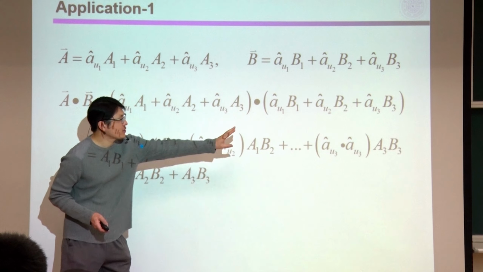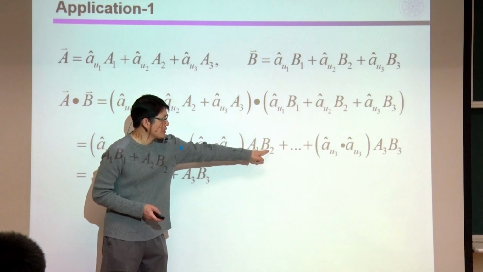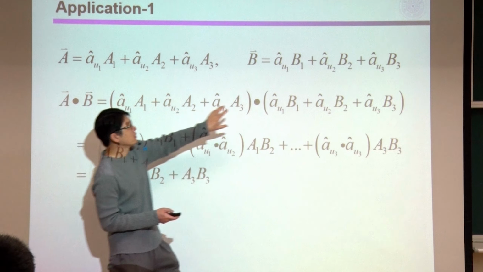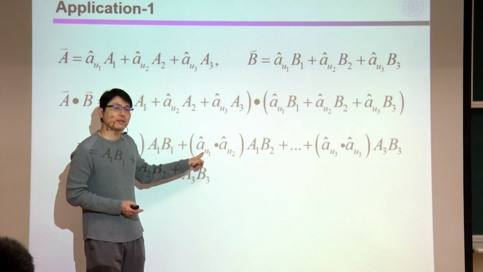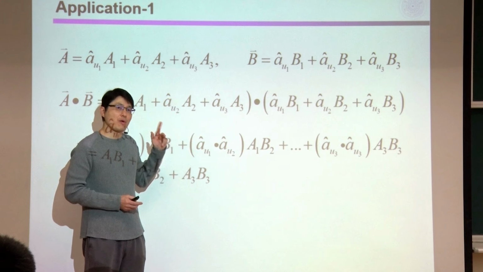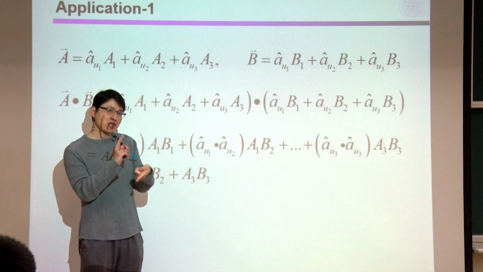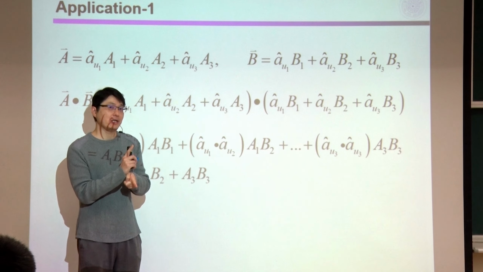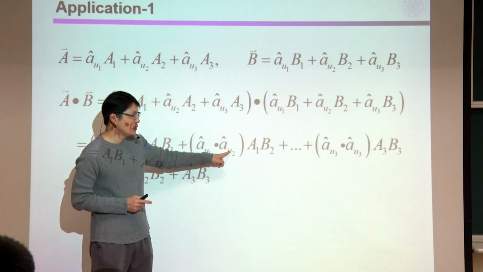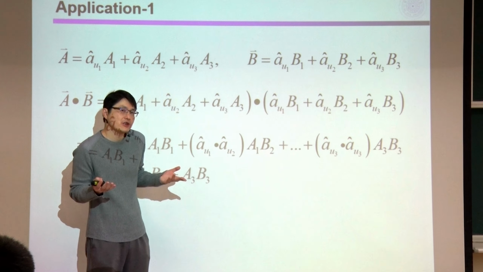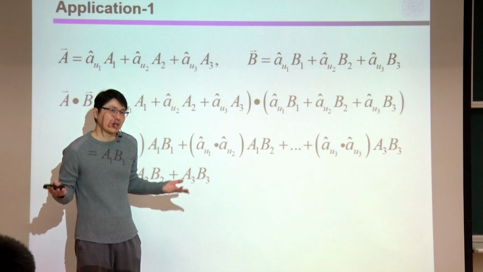Because I'm showing you the 9 terms, but eventually, all the cross terms, for example, A1 times B2, the first term multiplied by this term, would vanish because the orthogonal coordinate system tells you the unit vectors are inter-perpendicular, right? Inter-orthogonal. So A1 times unit vector A2, that term vanishes. They don't have projections. They are perpendicular.